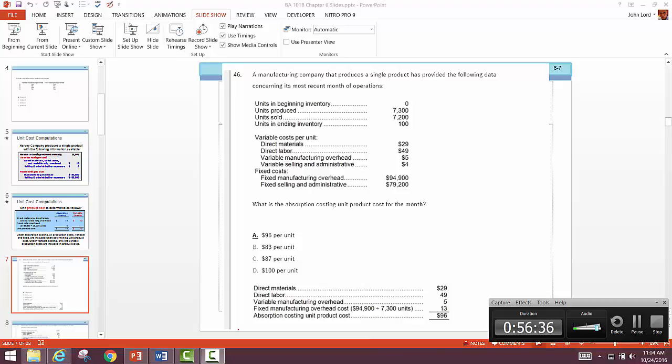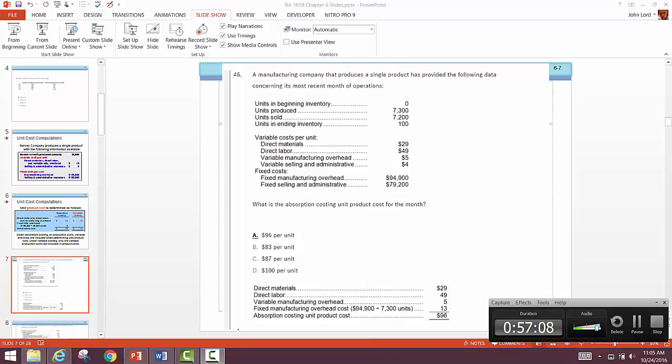Okay. So the difference between the two, again, is going to be your fixed manufacturing overhead times the number of units in change in inventory, right? And since our inventory went up by 100, that means that absorption will show $1,300 more of operating income than variable, when you have a situation where your inventory levels went up.